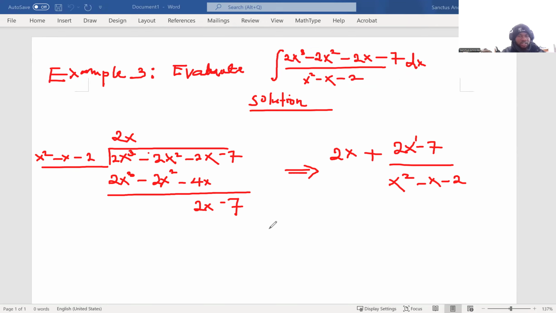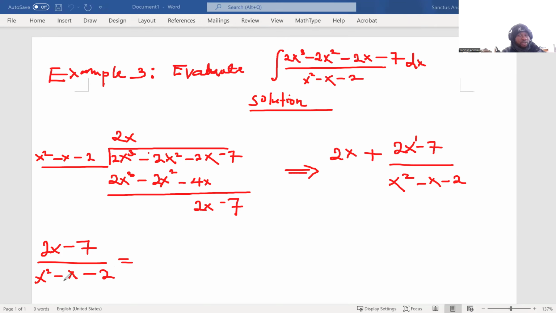So before I integrate, let's resolve this into partial fraction. So we'll have 2x minus 7 over x squared minus x minus 2. All right, so we factorize this. We need two numbers that multiply to give minus 2 and add to give minus 1.